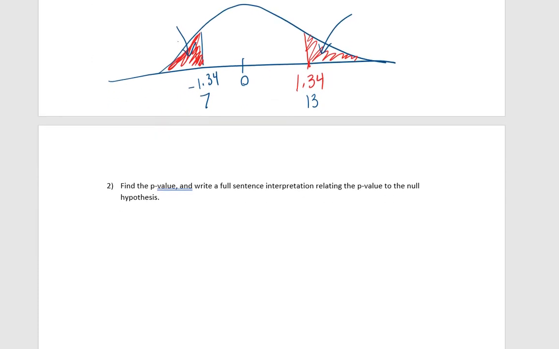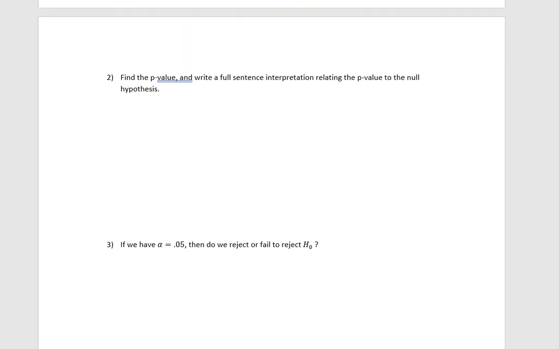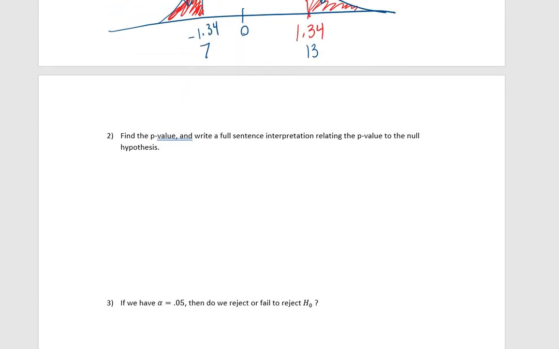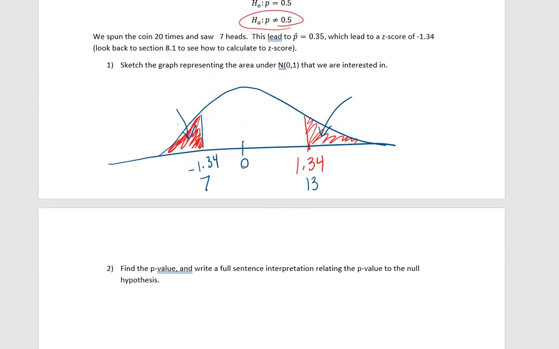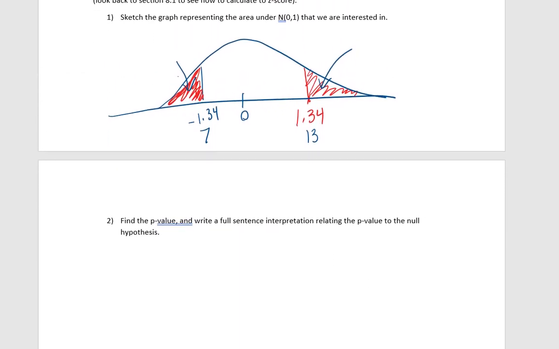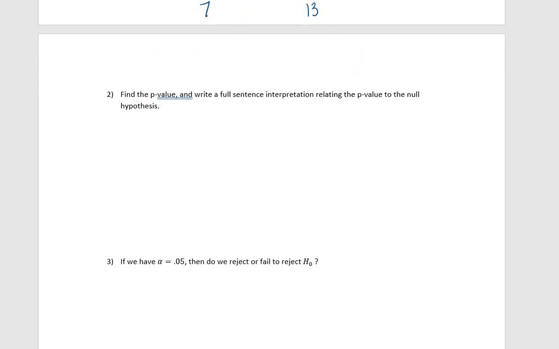So when we do that, we need to find the p-value and write a full sentence interpretation relating the p-value to the null hypothesis. So our z-score is negative 1.34. Since z equals negative 1.34, we're going to look that up on our z-score table.